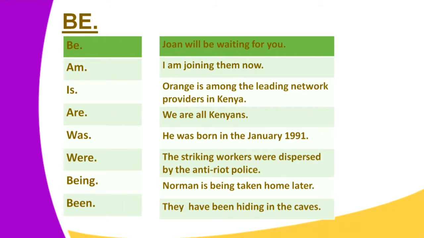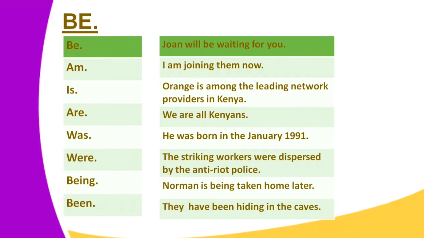Is: Orange is the leading network provider in Kenya. Are: we are all Kenyans. Was: he was born in January 1991. Were: the striking workers were dispersed by the anti-riot police.